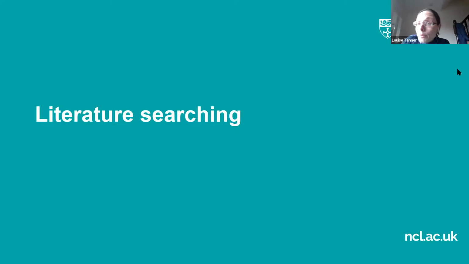A common reason is that you will specify that you'll search various different databases, but then when you actually come to do the search, you find you've got an overwhelming amount of literature. You don't have enough time to process all of those studies. So you've got to refine your search strategy a bit, or maybe only look at published studies.